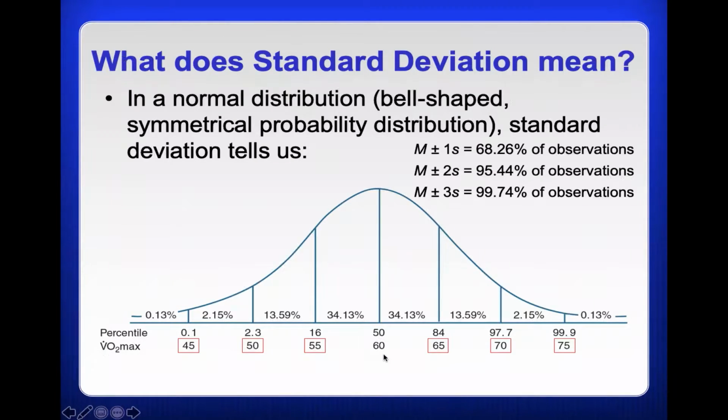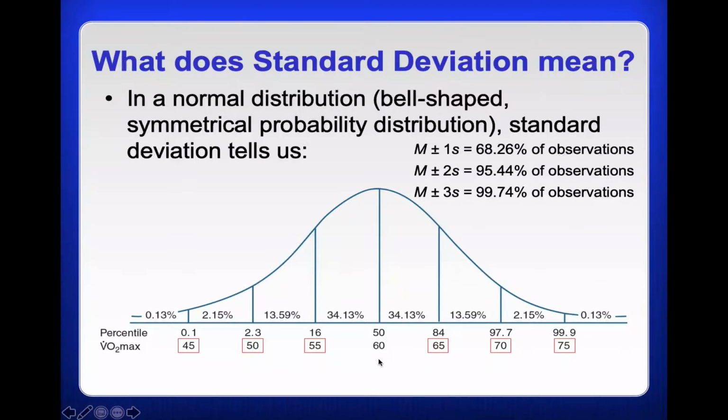Each standard deviation is 5 of the VO2 max, which is why one standard deviation to the right becomes 65. Two standard deviations to the right becomes 70. Three standard deviations to the right becomes 75.